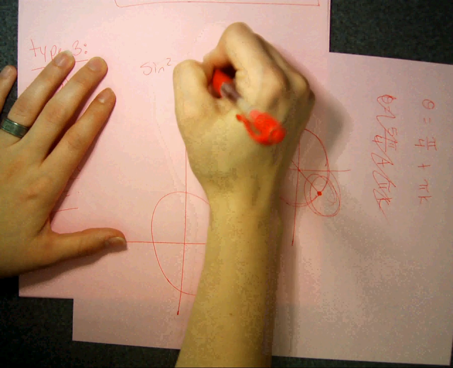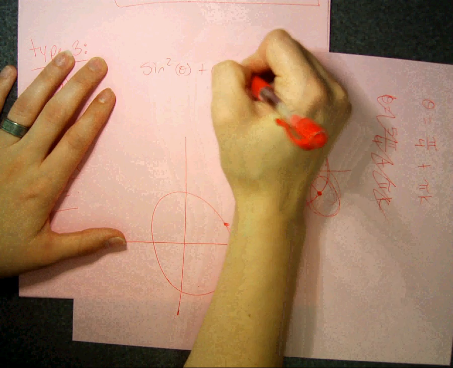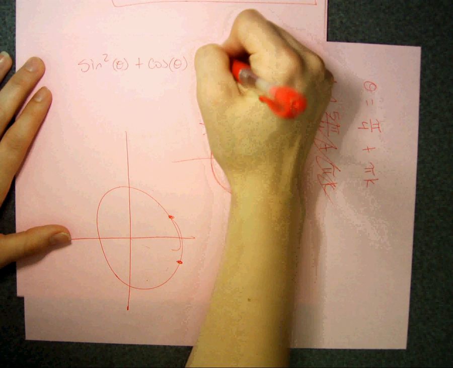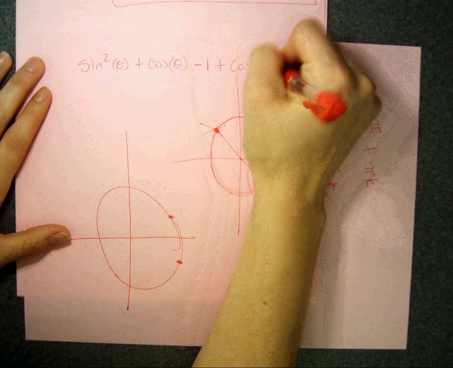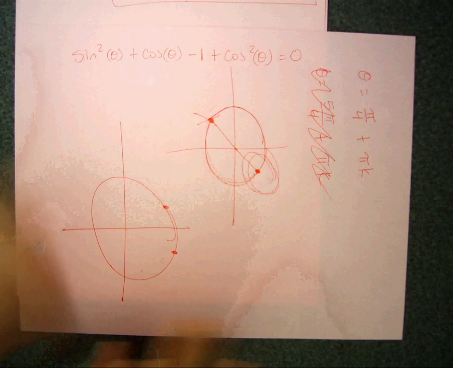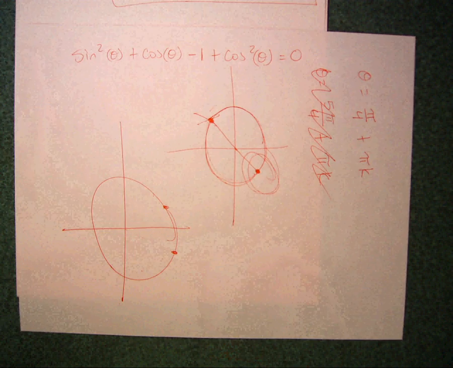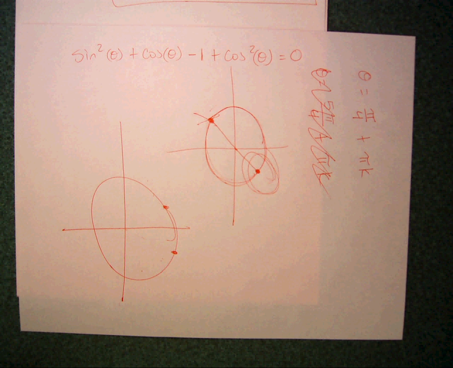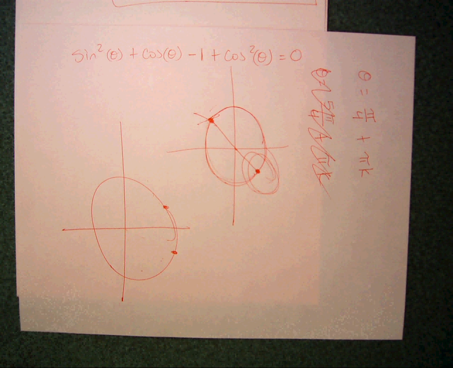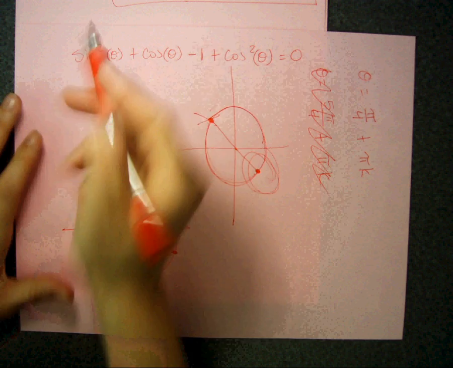We had something that looked like, I don't know, something crazy like sine squared theta plus cosine theta minus 1 plus cosine squared theta equals 0. I have stuff in there that's squared. Why do I not work this like a quadratic?